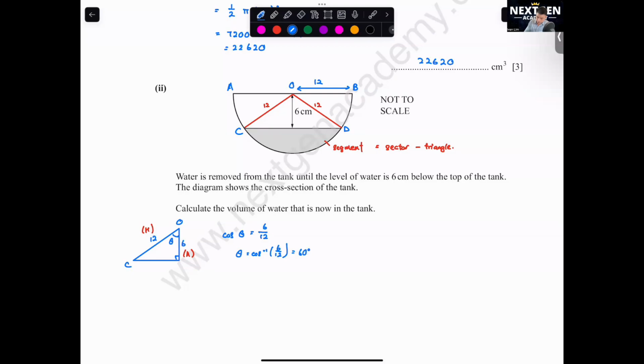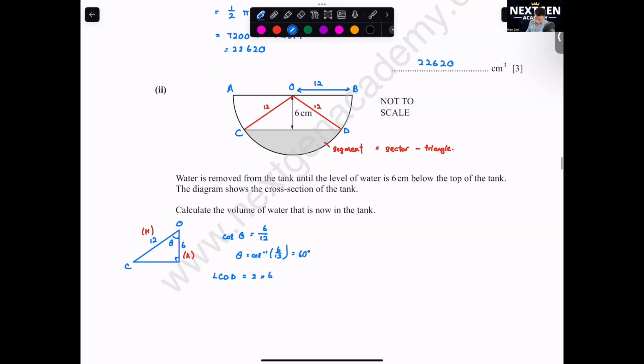So this part here is 60. The angle COD will be equal to 2 times 60 degrees, which is equal to 120 degrees. So this entire thing is equal to 120 degrees.